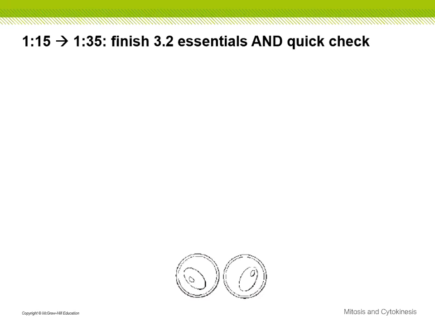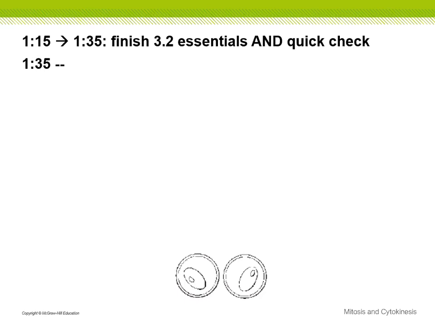So what is it? We're at 115 right now. So from 115 to, I don't know, like 135, finish unit 3.2, the reading essentials. That's the stuff that's most of your notes. It's going to have your diagrams and the quick check. So there are two things there.